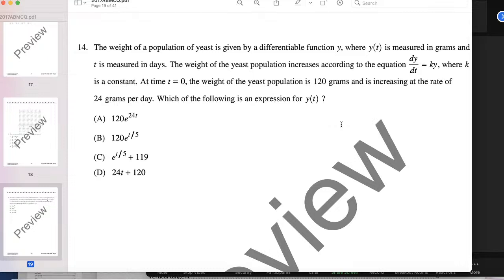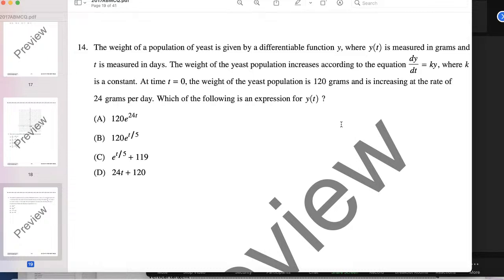dy/dt equal to ky, where k is a constant. At t equal to 0, the weight of the yeast is 120 gram. Increase at rate is 124. So 120 times e to the kt, at t equal to 1, equal to 144.